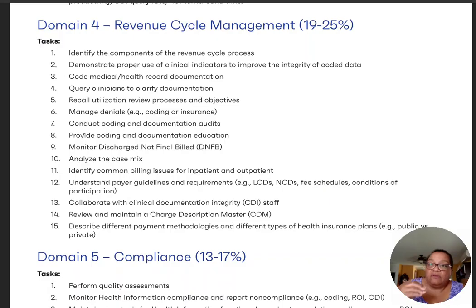Or you may be given several scenarios, scenario A, B, C, and D, and you may be asked to determine which one of those scenarios, there's only one answer, would you query the physician for more information? So it is a multiple choice exam, but you can still be asked to determine, based on these 4 pieces of information given to you on the exam, which one of these would you issue a query for?